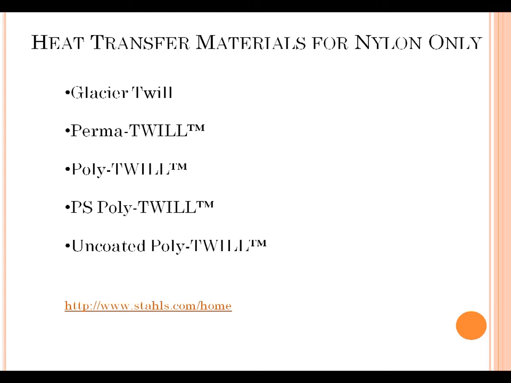And then we have the pressure sensitive poly twill, which has a sticky sort of backing. Poly twill is actually the most cost-effective twill, but if you want to save time and labor, you want to move into pressure-sensitive poly twill because of the sticky backing.